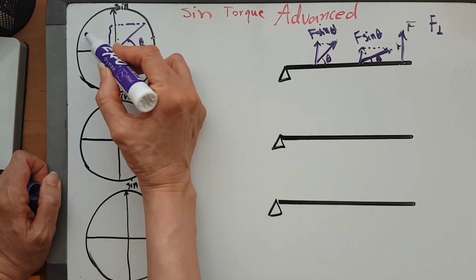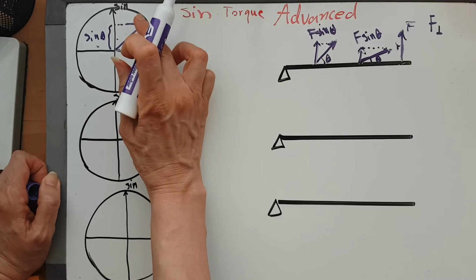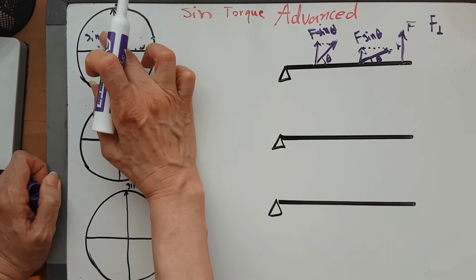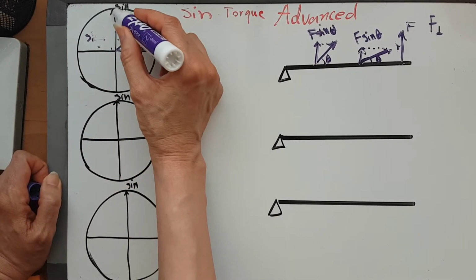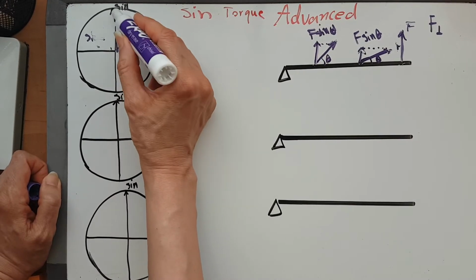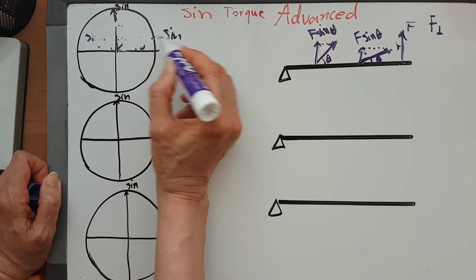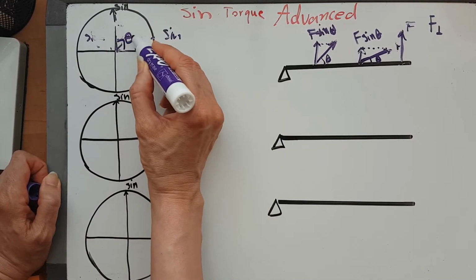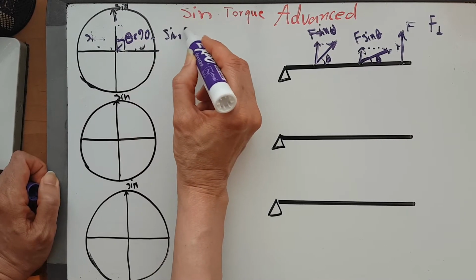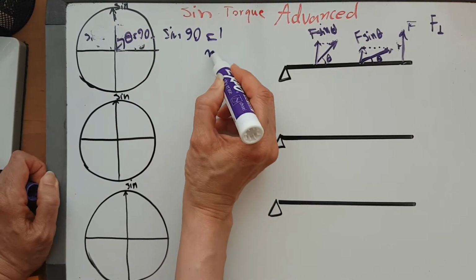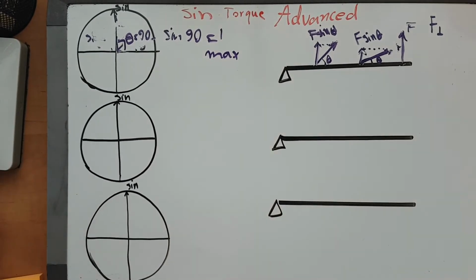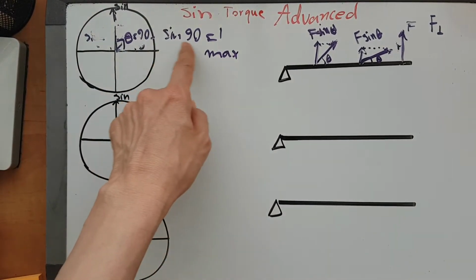And when theta is 90 degrees, the sine of 90 is 1, which is the maximum. Of course, the sine is a fraction smaller than 1.